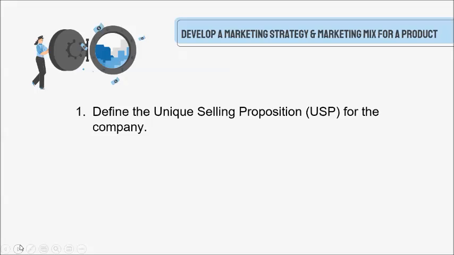When we say USP or unique selling proposition, these are statements that would describe how your product or your company or your business would be different than the other competition or than the other products that we have on the market. So the best USP, class, would take a unique quality and explain how that quality would benefit your customer, all in a few memorable words.